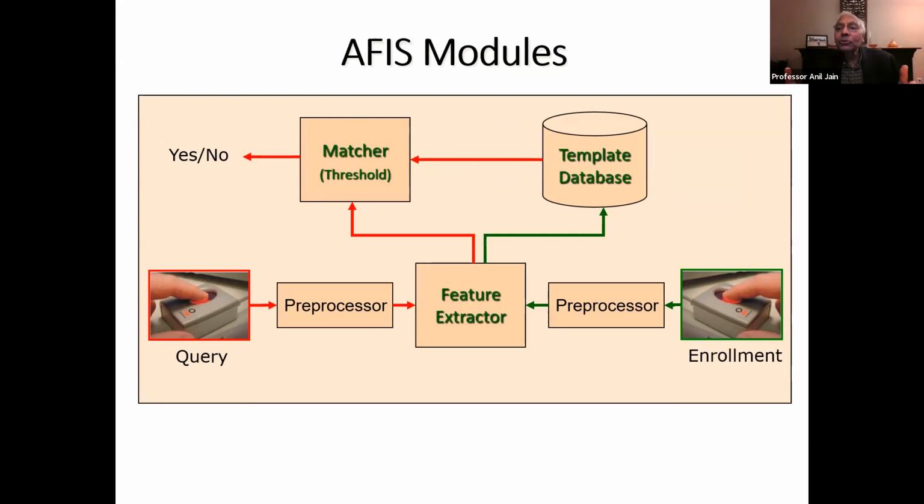If you don't claim who you are, then the query is matched to every image in the database. A threshold is specified for the similarity between the two fingerprint images. The fingerprint matching by itself doesn't say whether it matches or not. It only computes a similarity between the two images, a query image and a database image. You have to specify a threshold, and then the system determines whether your similarity exceeds the threshold or does not exceed the threshold. Next slide, please.